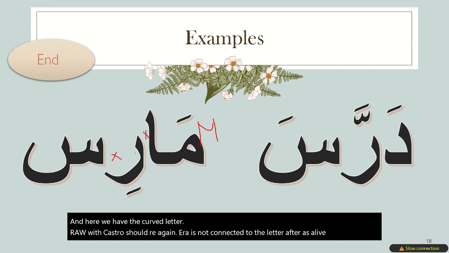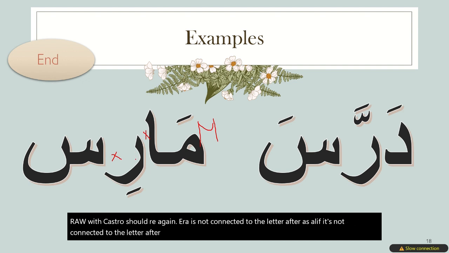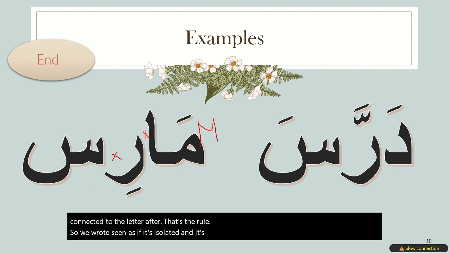That's the rule. So we wrote sin as if it's isolated, and it's a noun, so no vowels for sin. Let's give it a try and pronounce it. Maris. Maris is the month of March in Arabic.